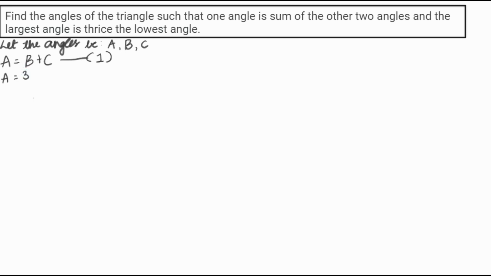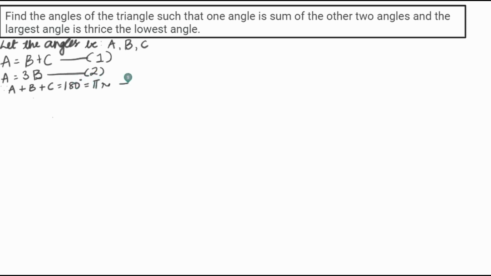And also, the sum of all three angles of a triangle is equal to 180 degrees or pi radians. Therefore A plus B plus C is equal to 180 degrees or pi radians.